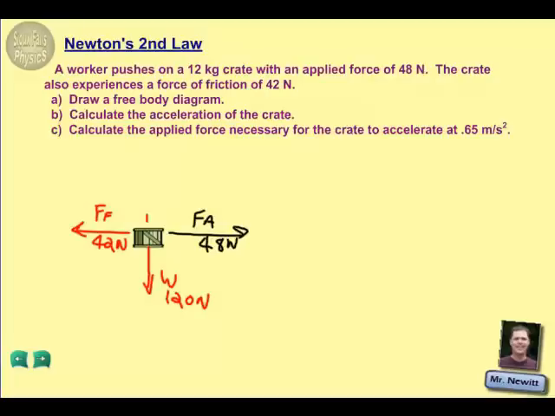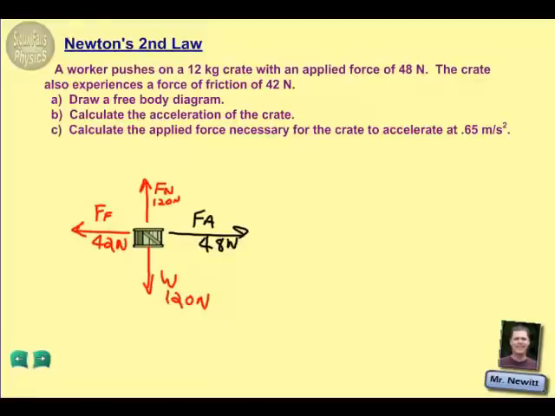And there's also a normal force directed upwards that the ground is providing on that crate. It also would be 120 newtons because there's no movement or no acceleration of the crate in a vertical direction. So that essentially talks about part A of the free body diagram. So let's move on to part B.